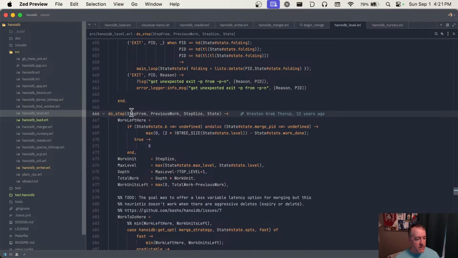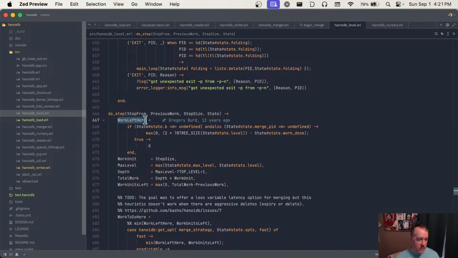Okay, so step from is either process or undefined. So previous work, this is how much work you've done already. What's the step size? So this is like, hey, do 256 steps or something. And then the state of the process, which is just a record. Okay.